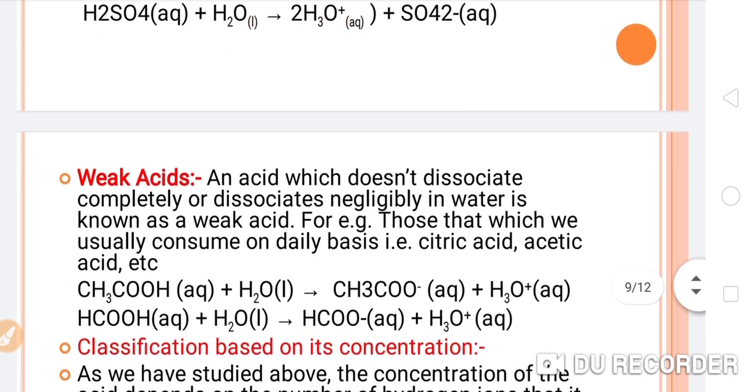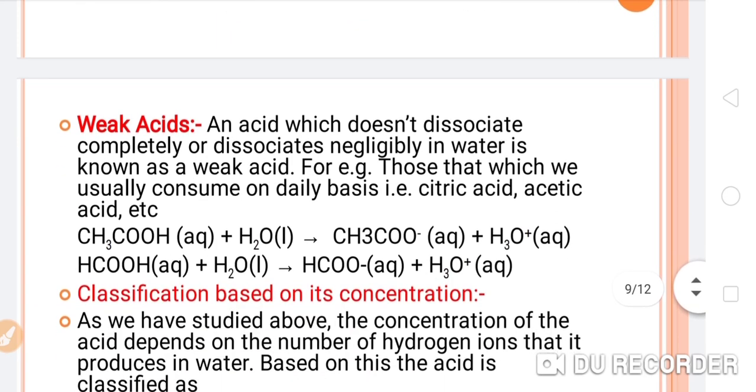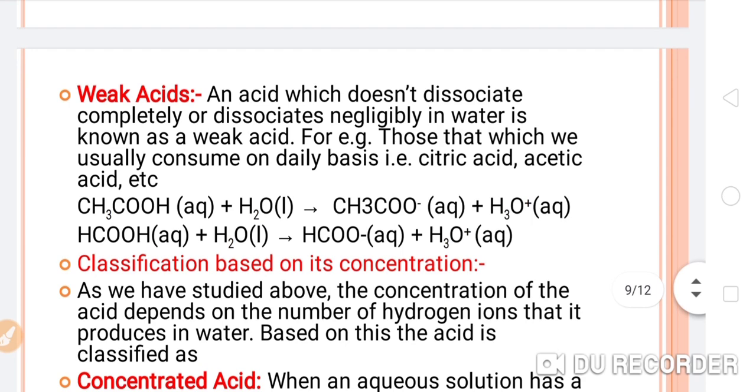Now weak acid. An acid which does not dissociate completely, means if you have taken 100 molecules of a weak acid, it will dissociate only 2 to 3% inside the water. So this is the weak acid. An acid which does not dissociate completely or dissociates negligibly in water is known as a weak acid.